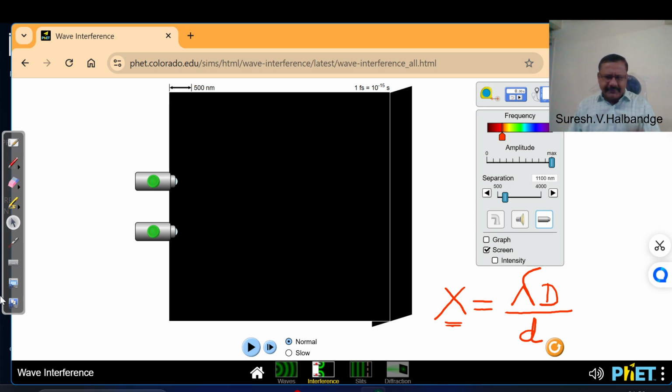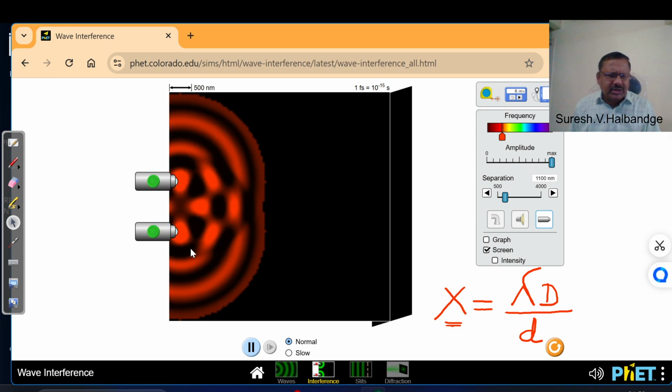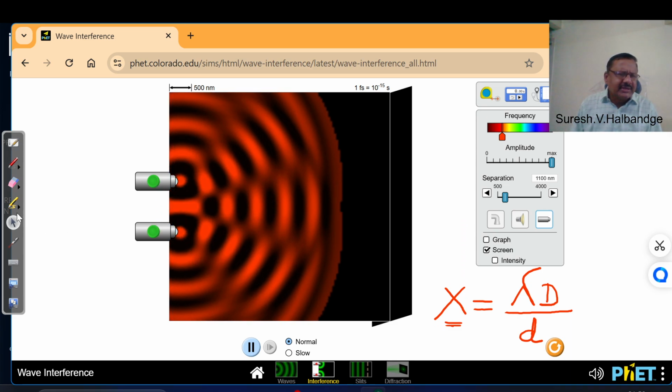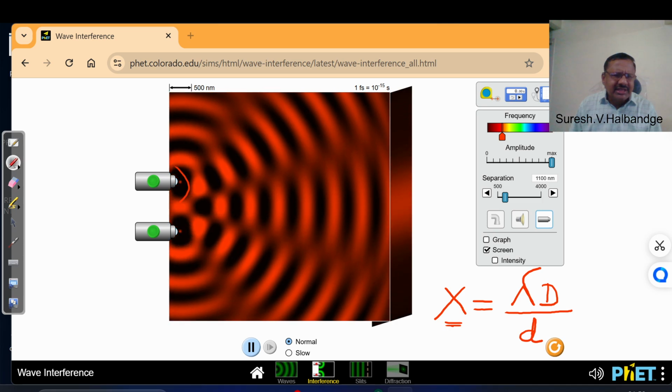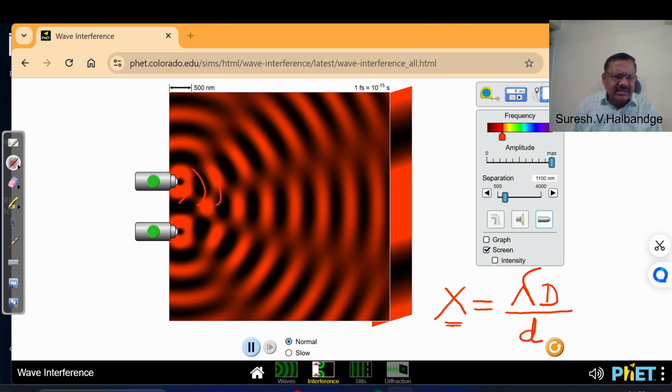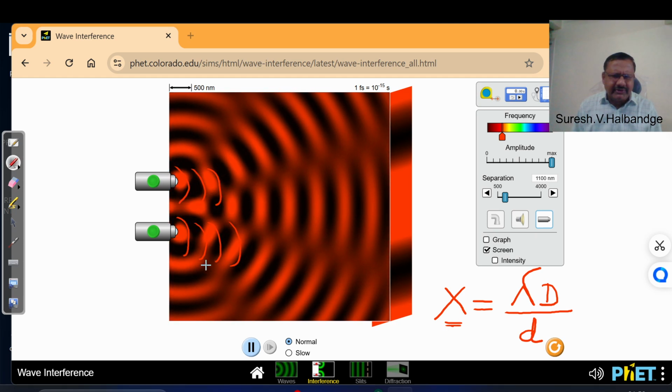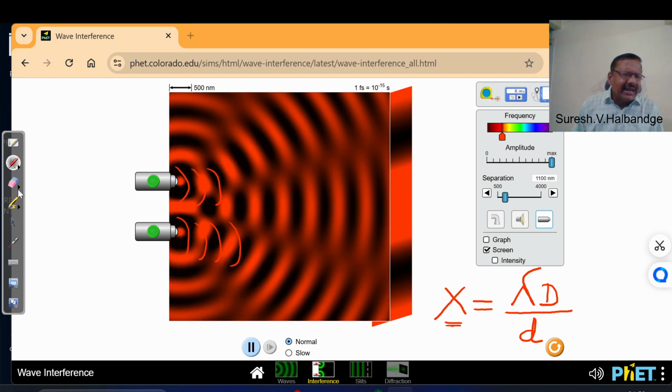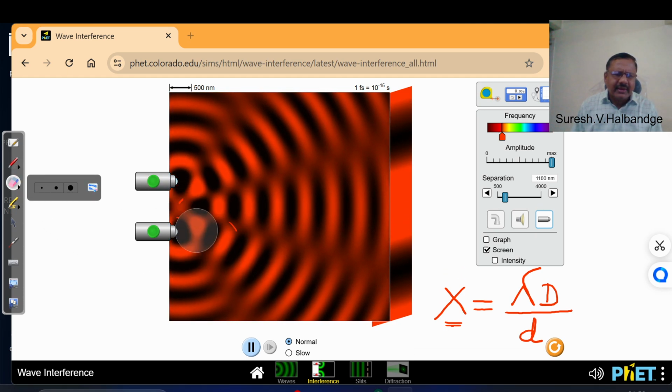Lambda stands for the wavelength of light. Now we start the animation, right? So here these are the two coherent sources. Now the waves are emitted by them. So this is emitting the waves. And this second source is also emitting the waves. Now the waves are emitted, right?